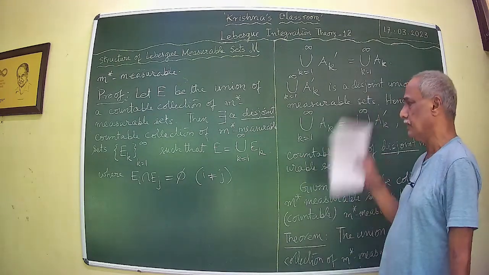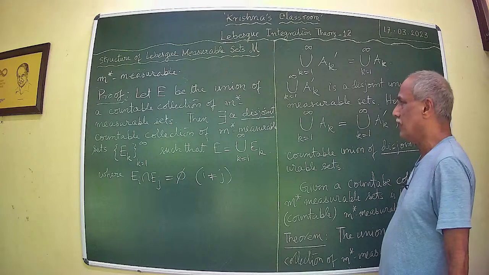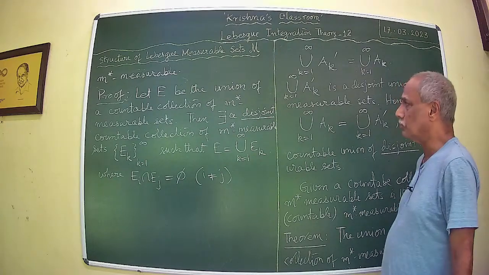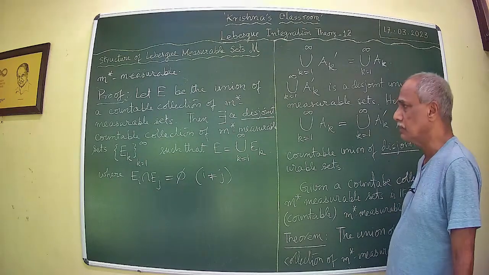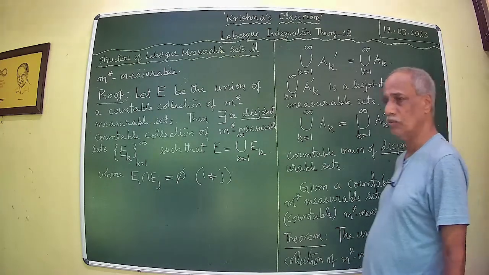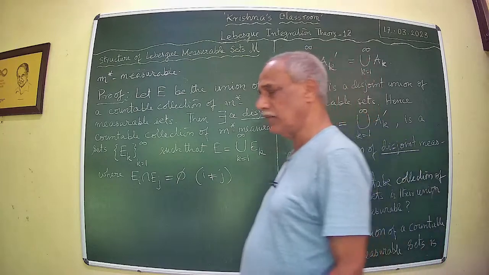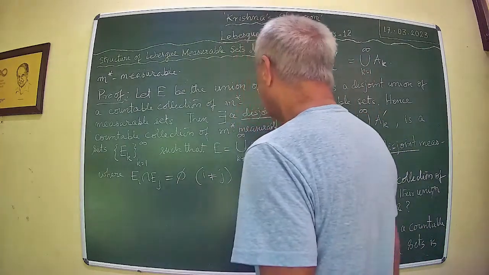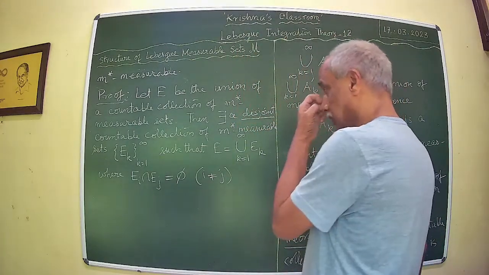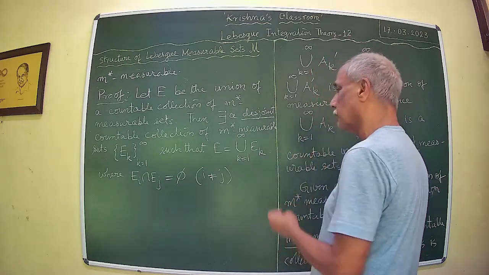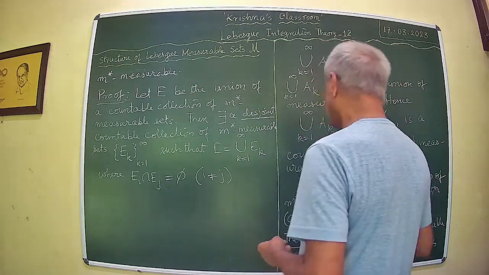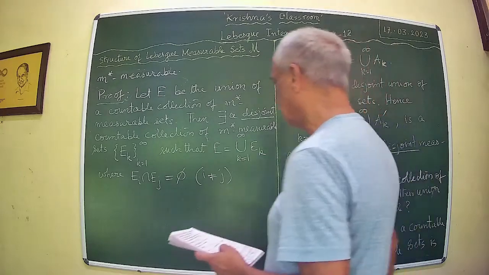We have seen that if E is the union of a countable collection of M star measurable sets, you can rewrite this as the union of a disjoint countable collection of M star measurable sets by the remarks that we have made earlier.